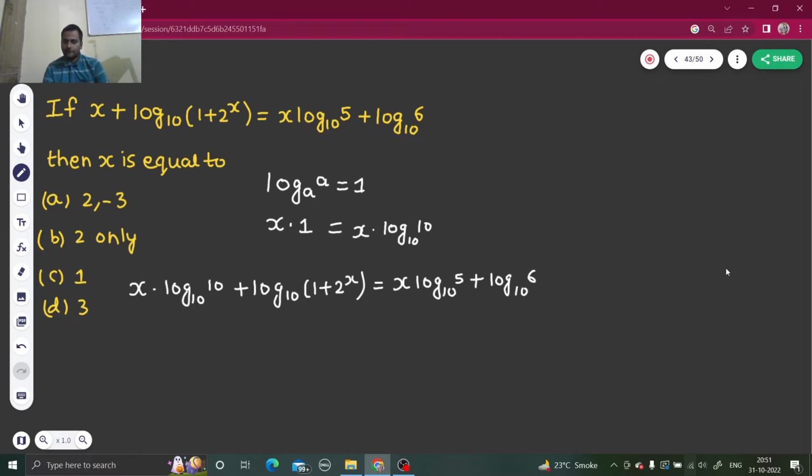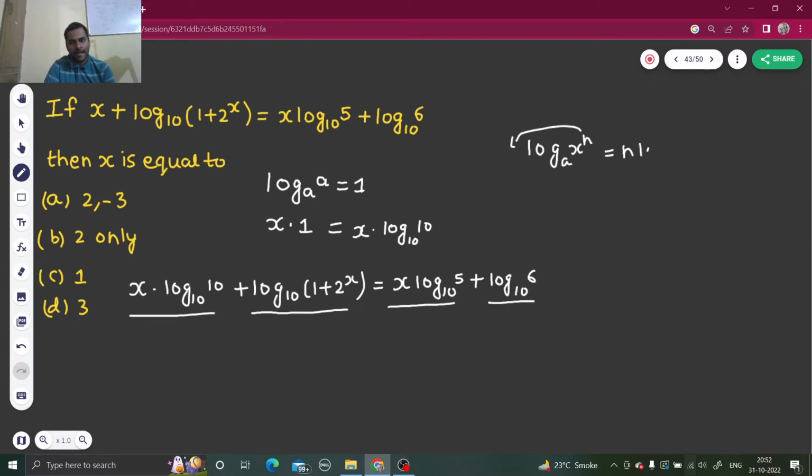Again, if you look at this term and this term, I will be okay with them, but the first term, which is this, has an x in multiplication, and also this one. So why not again use a property of logarithm which says that if we have log x power n to the base a, then n can jump and come in front, so n log x to the base a.